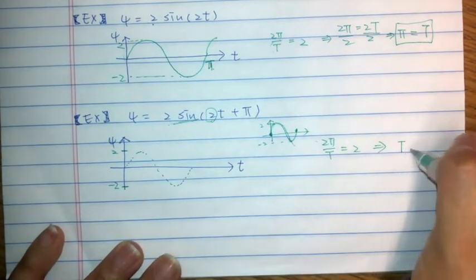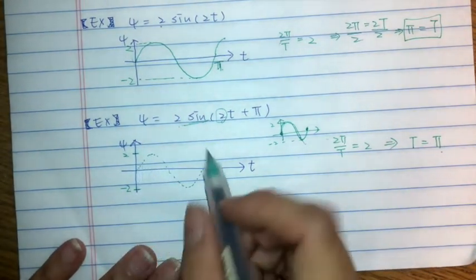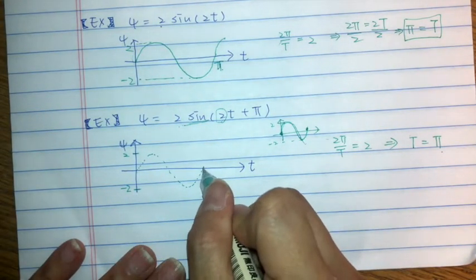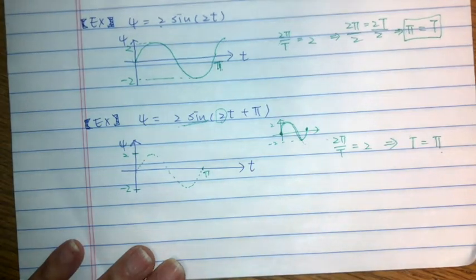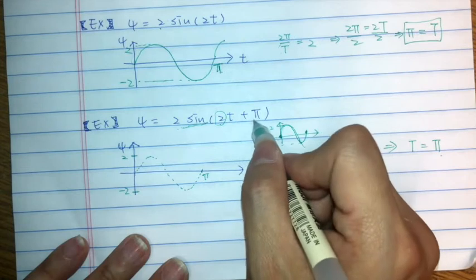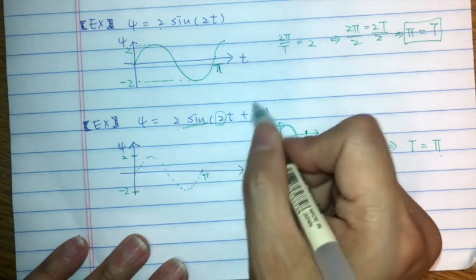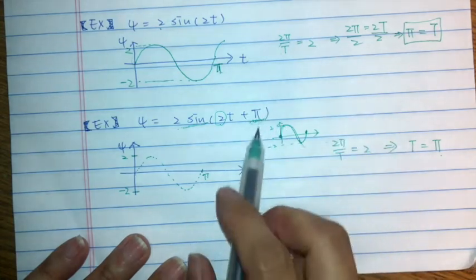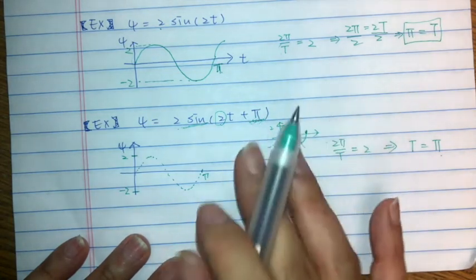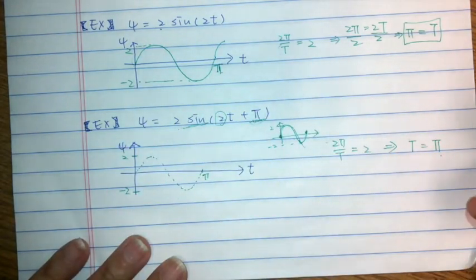And that will tell you that the period will be pi. So we know going up and down and back to itself is pi. Okay, and now I have another piece of information, pi. What does this tell me? This tells me that my trig function is shifted a little bit. It's a phase shift.